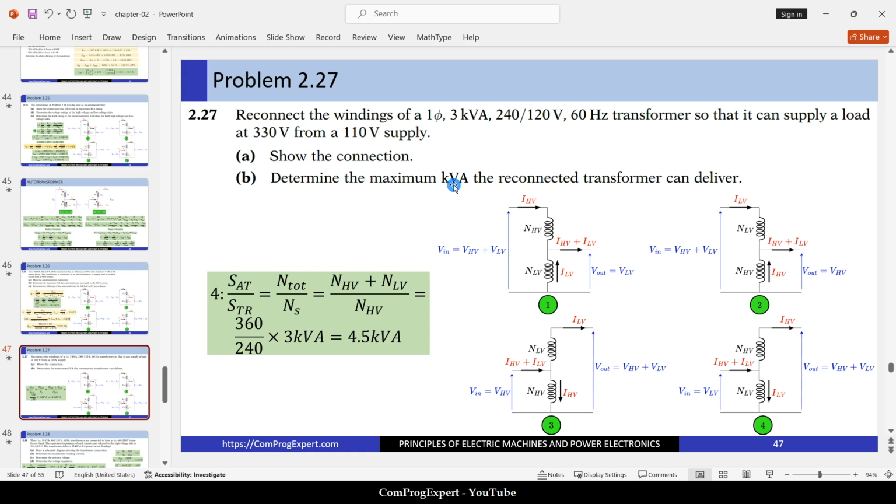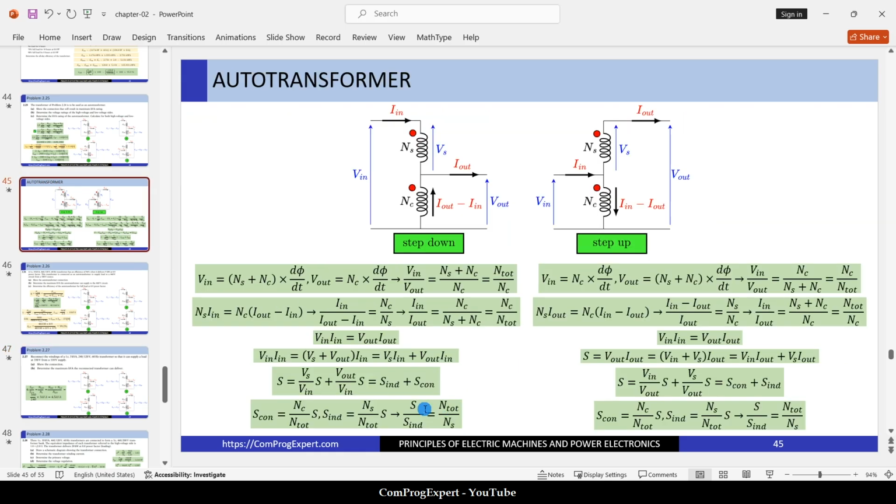Determine the maximum kVA of the reconnected transformer. Here we have this equation: S auto transformer divided by S transformer is N total divided by N_S. This equation is the same for step up and step down transformers.